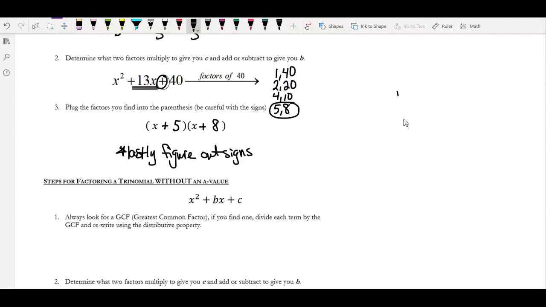Whenever you circle a plus, that means they're going to be the same sign, because same sign you add. A negative times a negative is a positive, and a positive times a positive is a positive. So whenever you add, it's going to be the same sign. If I ever circle a subtraction at the end, then that means I'm going to have different signs. And as you do more of them, it'll make sense which is which, which one gets a positive and which one gets a negative.